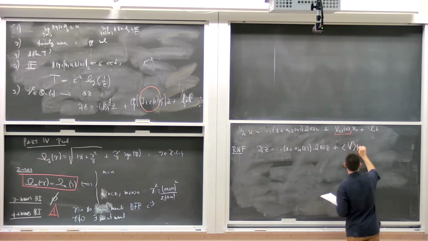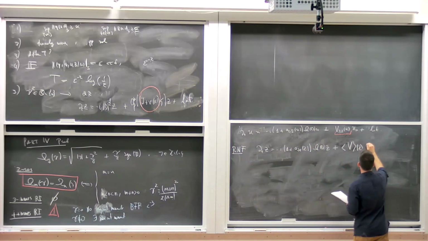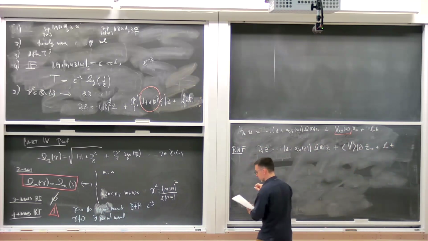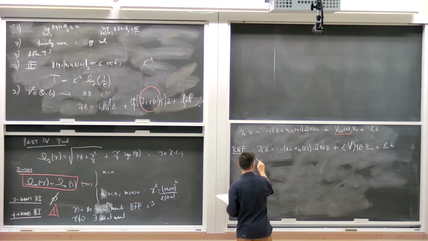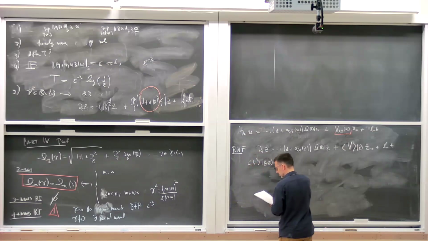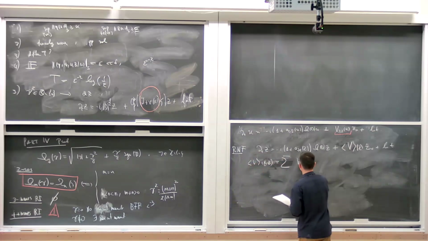Let me call it like this. Now I write it, I tell you what is zx plus lower order term. And what is this symbol? Well, this symbol v z depends also on x and depends on the normal form variable z, and this is the sum.